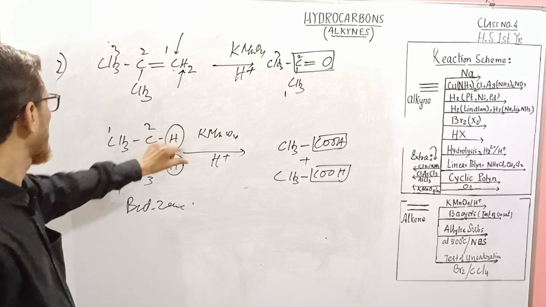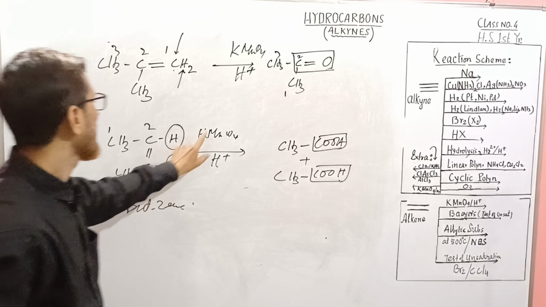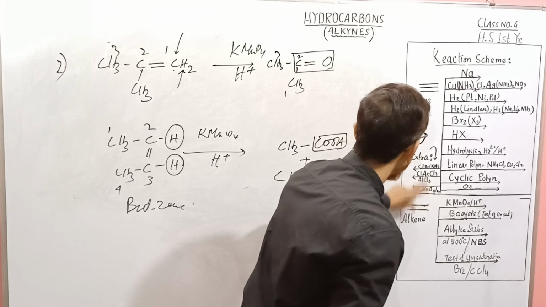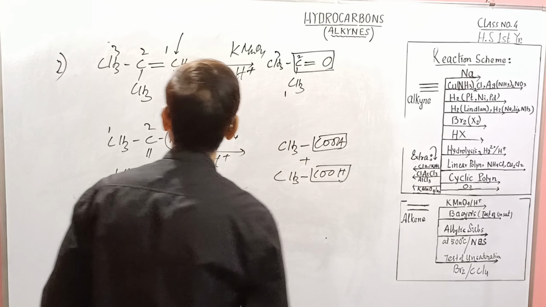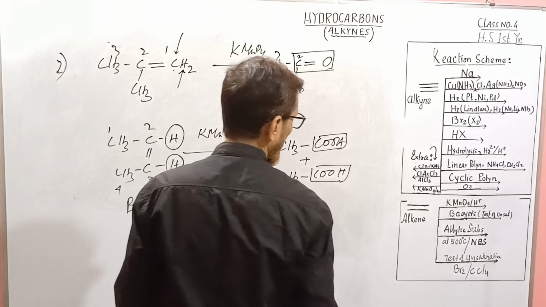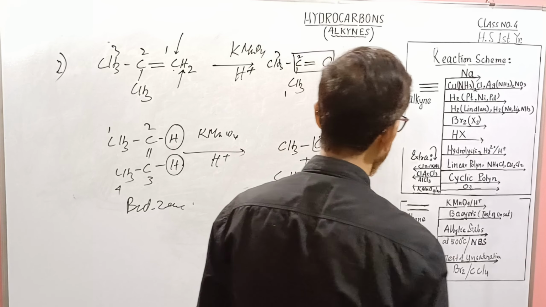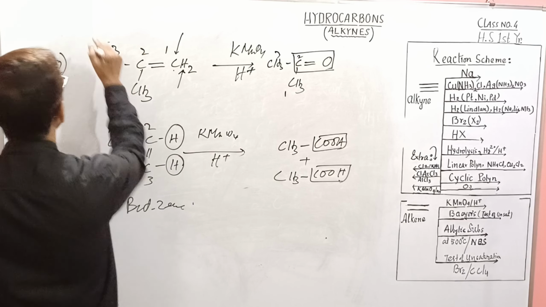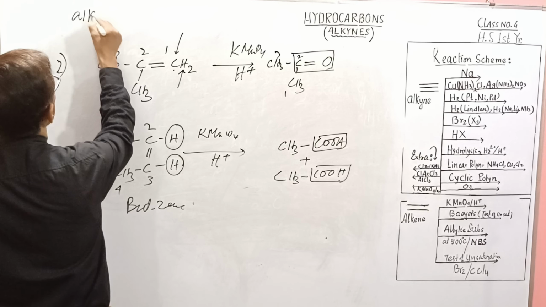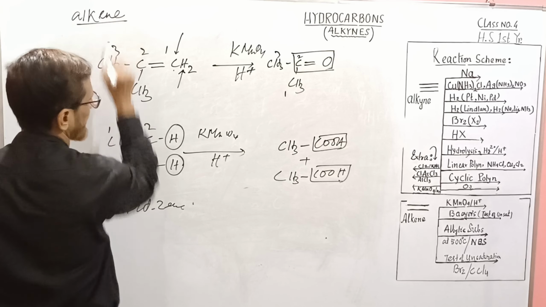This is the oxidation of but-2-ene by KMnO4. This is all the extra information I am showing on alkene.